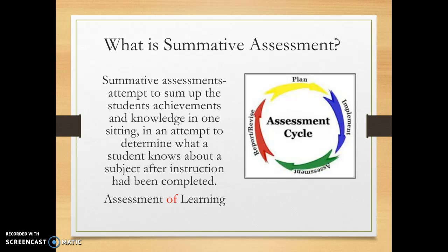You plan, you implement, you assess, you revise based on what your students have gained, and you go through the process again and again. So summative assessments attempt to sum up the student's achievement and knowledge. They want to determine in one setting what the student knows. This is an assessment of learning.